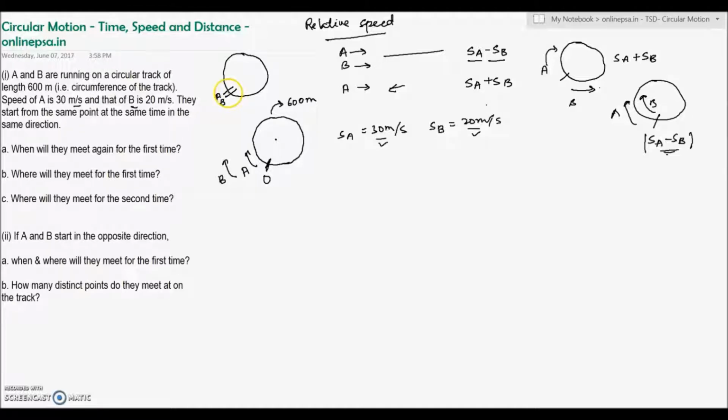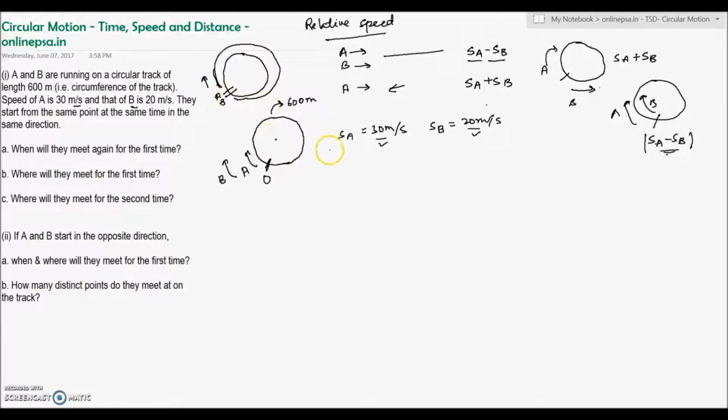A has gotten a very minuscule amount ahead of B because A's speed is much more. So we have frozen that moment when A has gotten a little ahead of B. Now what A is seeing is that A has to cover this entire distance to meet B, right? A and B are together moving in the same direction. Now A is looking at this entire distance, which is the circumference of the track, to be covered so that it can meet B, right?